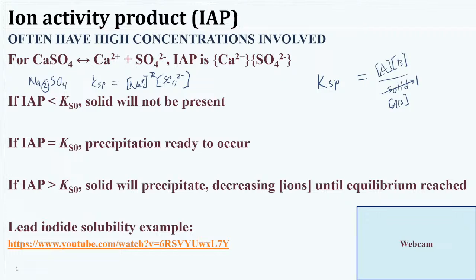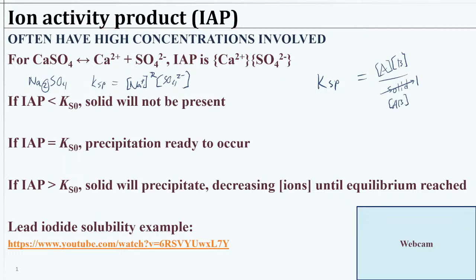Then we can take a look at this ion activity product, that right side of the equation, and compare it to see whether or not our current condition is at equilibrium, or if it's going to be approaching it, or where is it with reference to equilibrium? Are we going to not have any solid present because it's smaller than the equilibrium constant? That's certainly possible. Add a little bit of sodium chloride to your water, it's probably all going to dissolve.